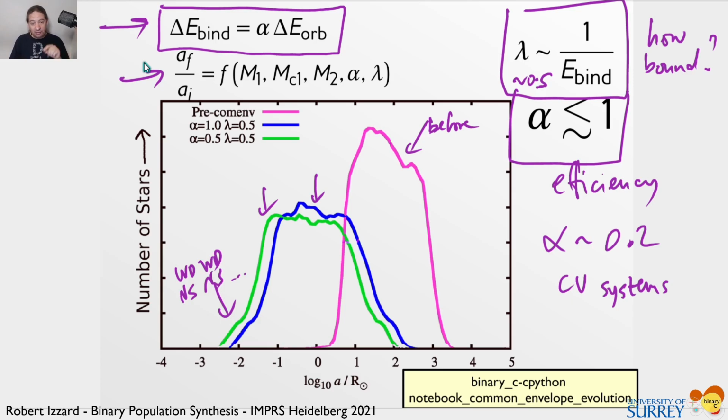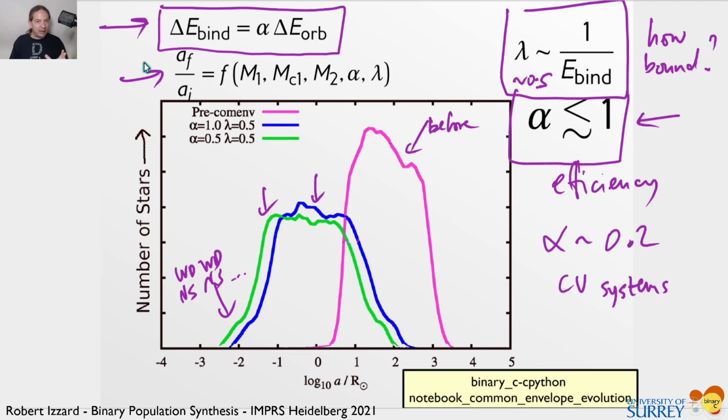If you want those, what you want is for alpha to be not too large, because if it's too large, the orbit doesn't change very much. You could also say alpha must be less than 1, otherwise you don't conserve energy. That may well be true. Certainly, there isn't more orbital energy than all of the orbital energy to extract, but maybe there are other solutions to this. You may get energy that's from nucleosynthesis, for example, or accretion energy onto a compact object.